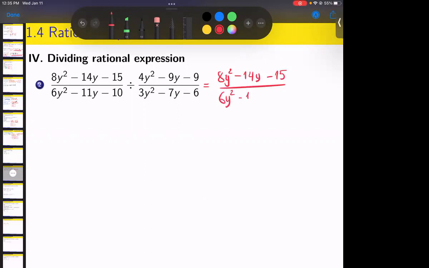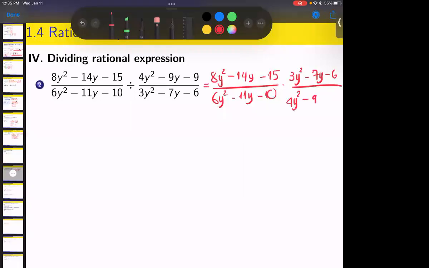6y squared minus 11y minus 10 times 3y squared minus 7y minus 6 over 4y squared minus 9y minus 9.